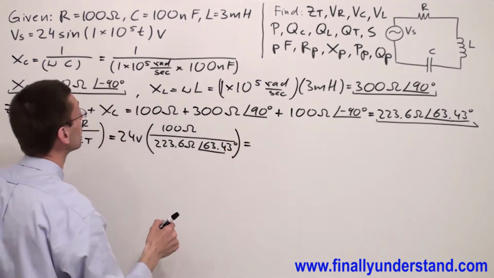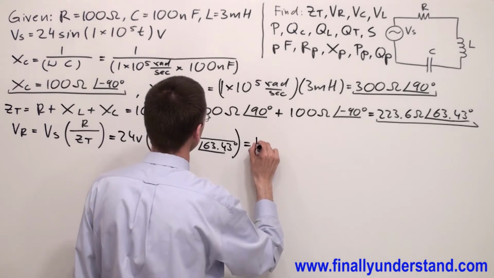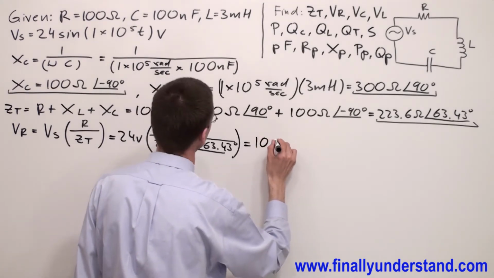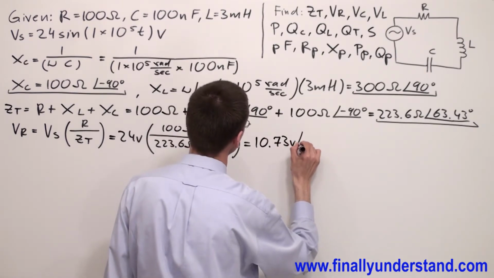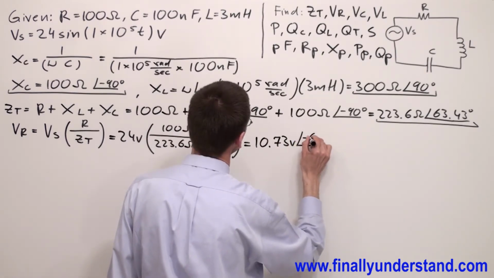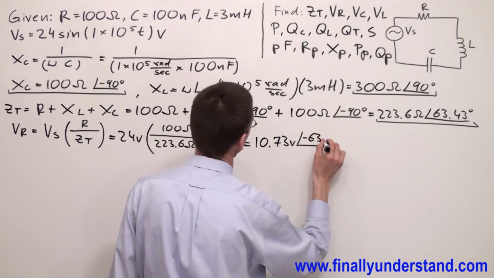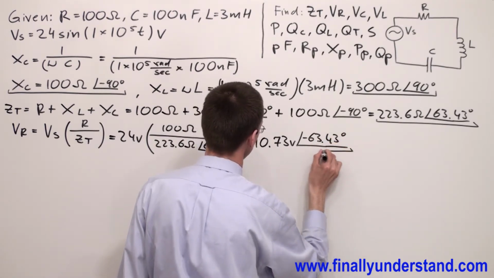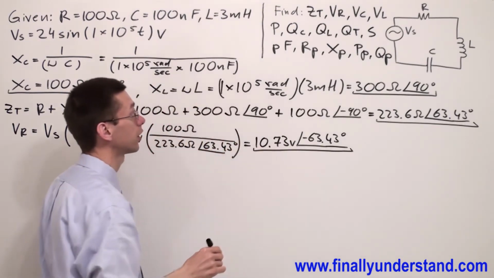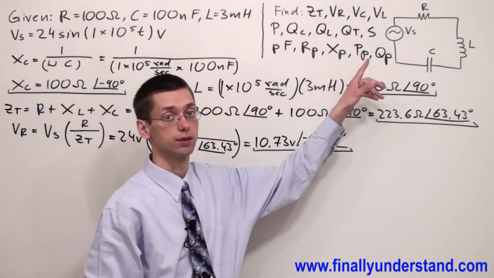This is equal to 10.73 volts, and angle of negative 63.43 degrees. So this is the voltage across the resistance.